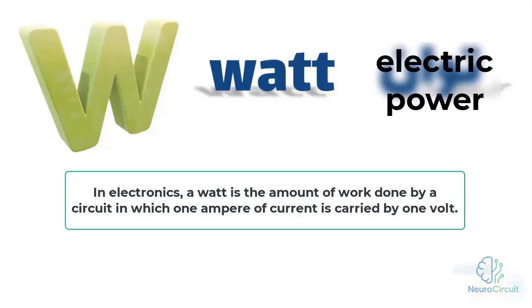So we've said that watt is the unit for measuring power, and that power is represented by P in equations, like this. So precisely 1 watt is the amount of electrical work done by a circuit where 1 ampere of electrical current is conducted by 1 volt of electrical potential difference.